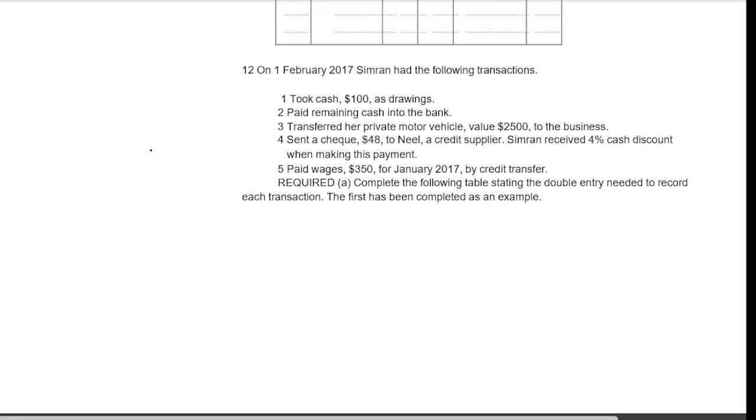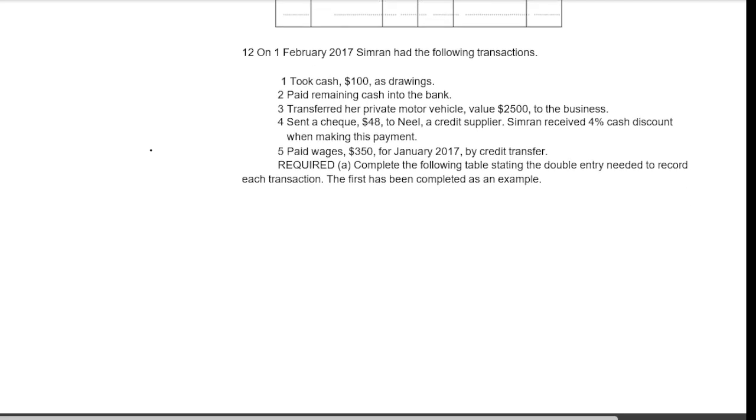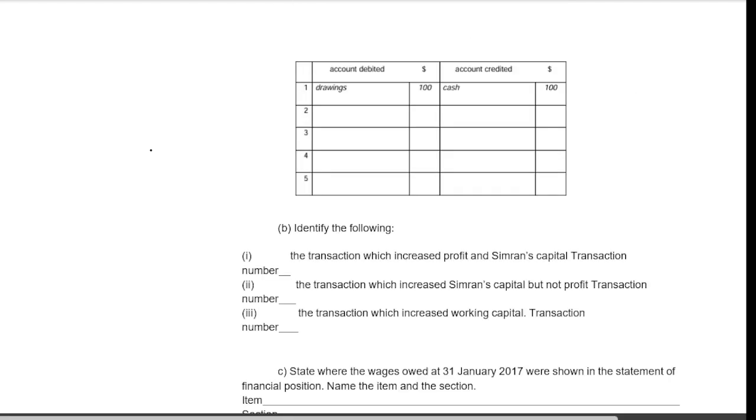Let's do this one. On 1st February 2017, the following transactions are there. They said took a cash of 100 as drawing, and now complete the following table. So the table is given here.